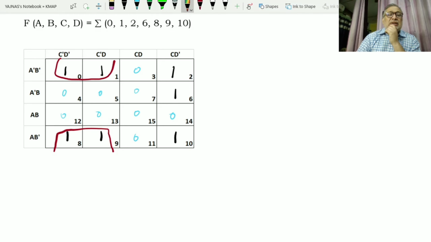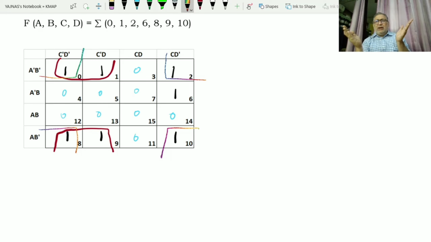Then if we look at 0, 2, 10 and 8, all 4 corners are also a quad. On rolling, if you roll it twice, from left to right, the 0 and 2 will come together with 8 and 10.